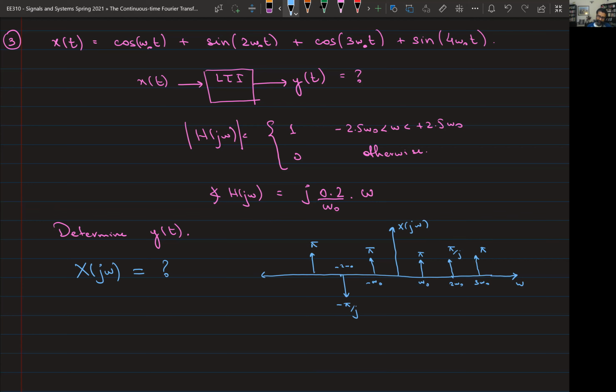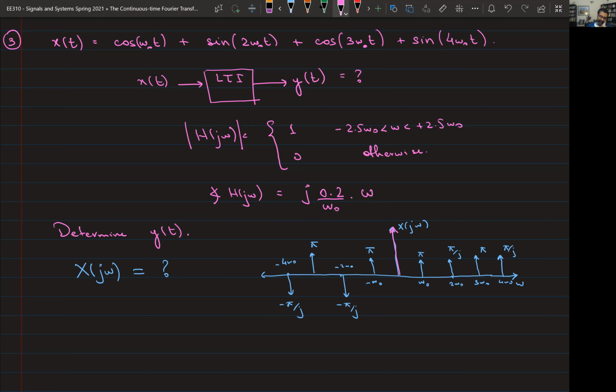And then there's a 4 omega naught, pi by j, and minus 4 omega naught, which is minus pi by j, right? All I do is just compute the Fourier transform, something we've done in the very beginning. So this is X of j omega.